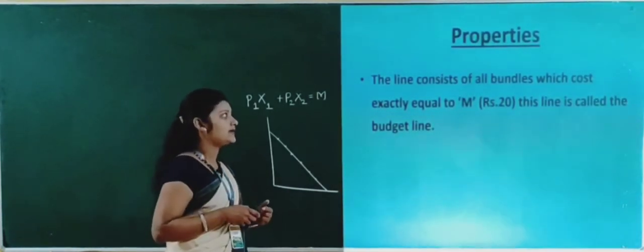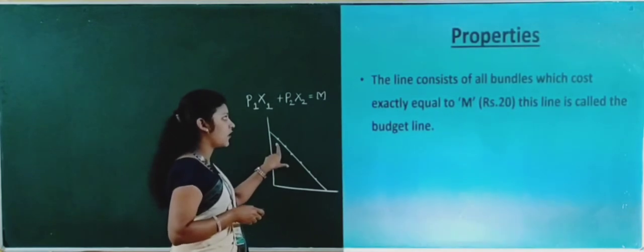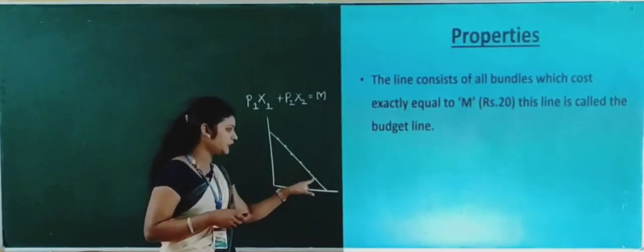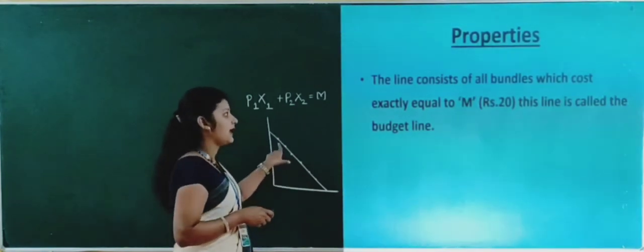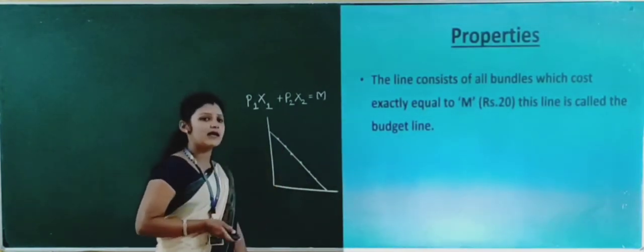The line consists of all the bundles which cost exactly equal to the money income.